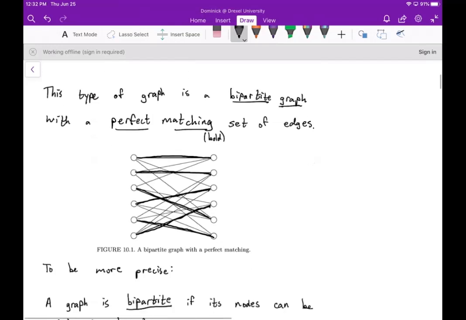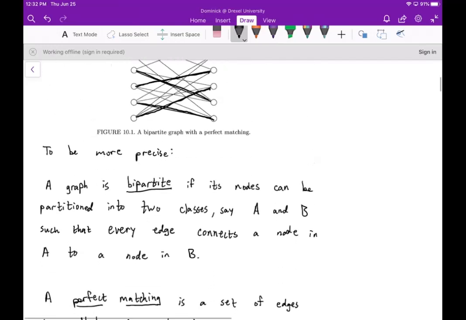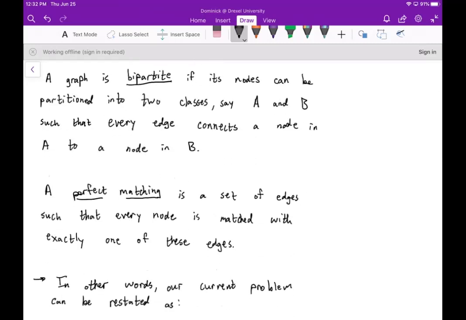To be a little bit more precise, we say that a graph is bipartite if its nodes can be partitioned into two classes, say A and B, such that every edge connects a node in A to a node in B. And of course, a perfect matching is a set of edges such that every node is matched with exactly one of these edges.